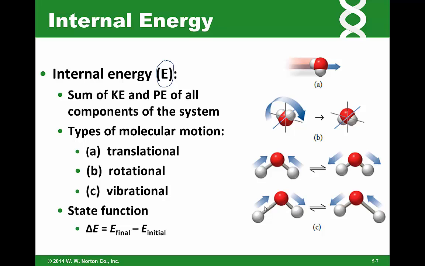So they're just kind of going back and forth like that. So that's a different kind of stretch. So that involves vibrational energy. Now, vibrational energy is energy of motion, but it is also changing the potential energy because as these particles, the hydrogen and the oxygen, move closer or further apart from each other, they're going to change their energy due to position. That is potential energy. So we need to add that in too.